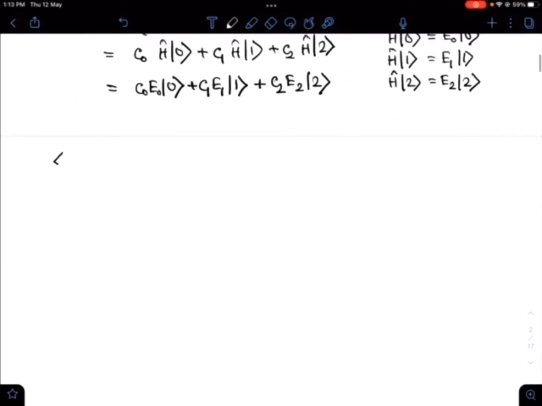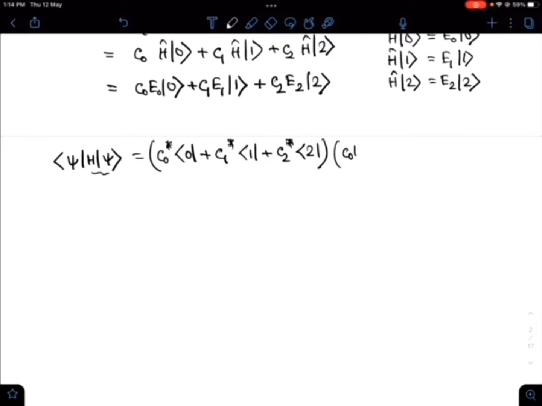So <psi|H|psi> will be (C0* <0| + C1* <1| + C2* <2|) times (C0 E0|0> + C1 E1|1> + C2 E2|2>). Now we will again use the orthonormality condition of eigenstates.